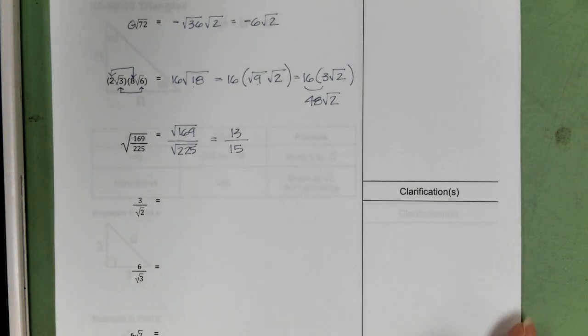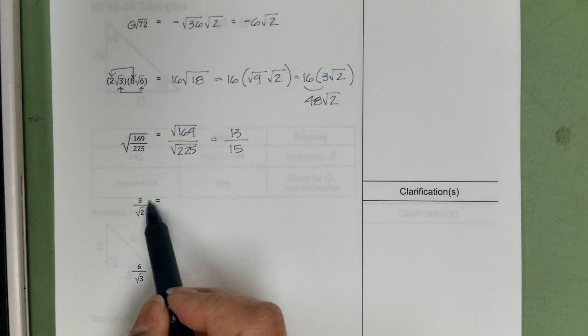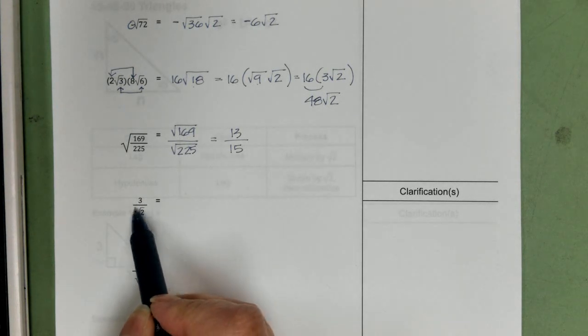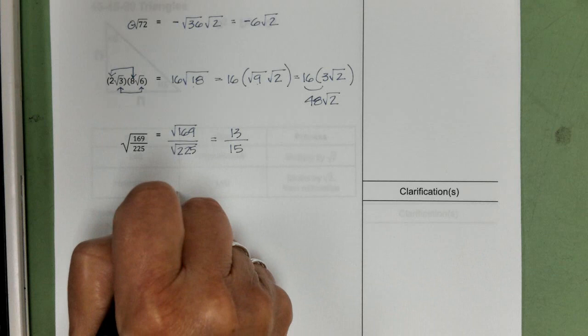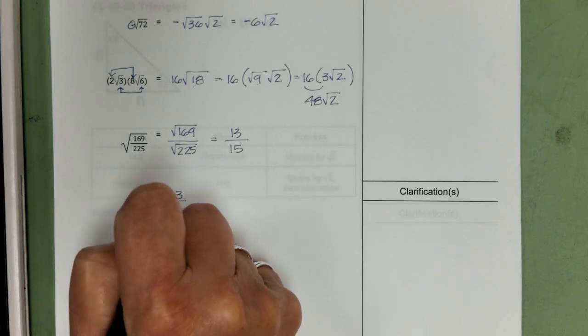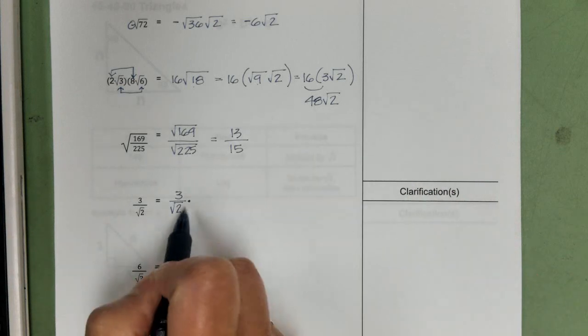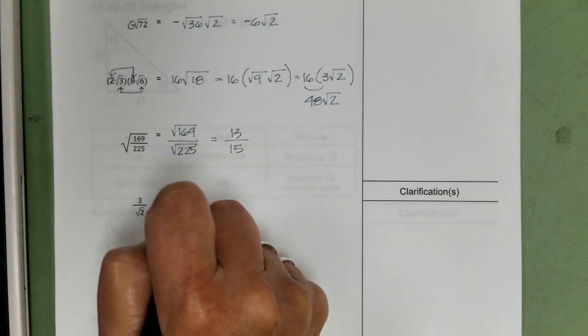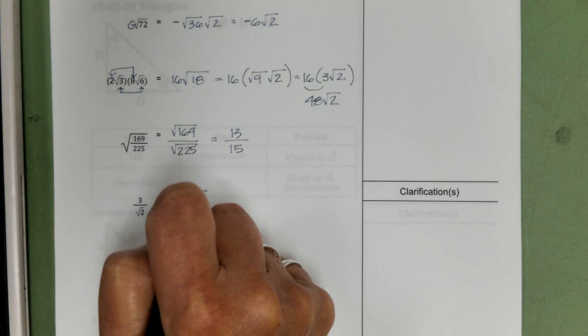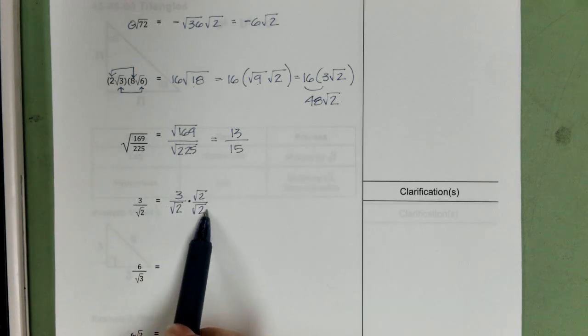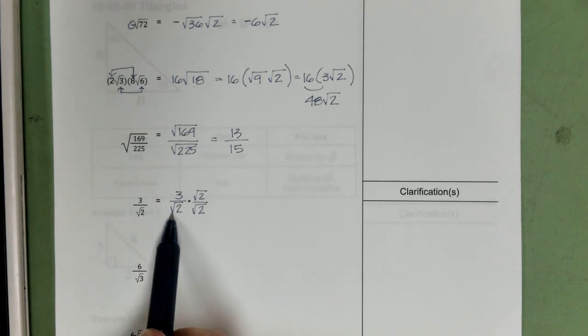Now, the next one, I have a whole number divided by a radical. You cannot leave the radical in the denominator. So we're going to multiply it by an equivalent fraction of 1. And that's going to be square root of 2 over the square root of 2, because what we want to do is remove the radical in the denominator.